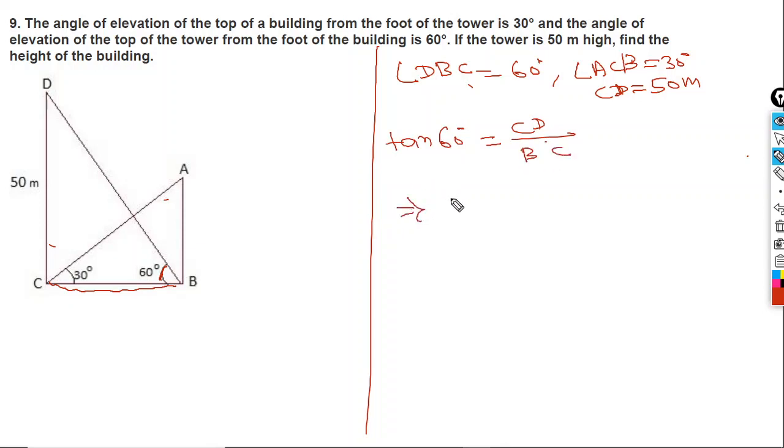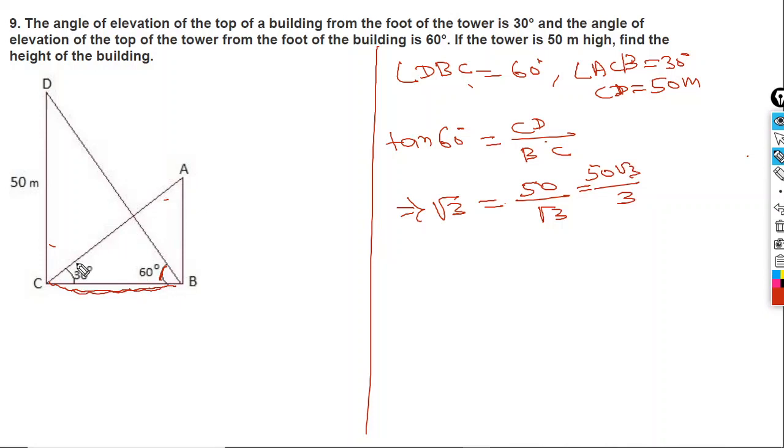The value of tan 60 you know is root 3, so root 3 equals 50 divided by BC, so BC is 50 divided by root 3, which we rationalize to 50 root 3 divided by 3. So we got the length of BC.